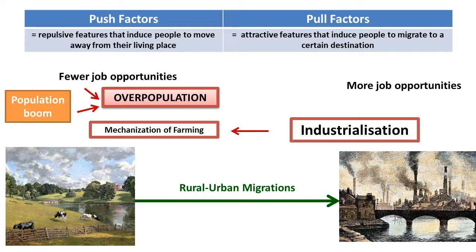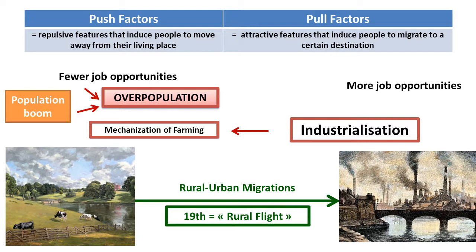The push factors being all the repulsive features that were present in the countryside that induced them to move away from this living place, and the pull factors being the attractive features that induce people to migrate to a certain destination, and in this example to cities.